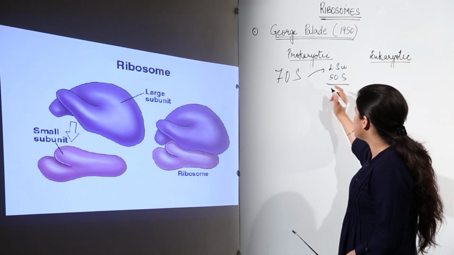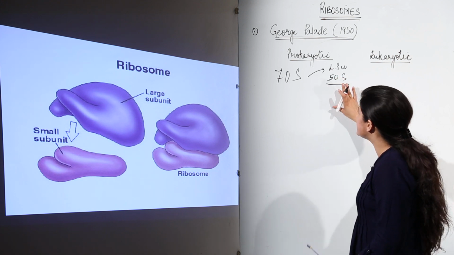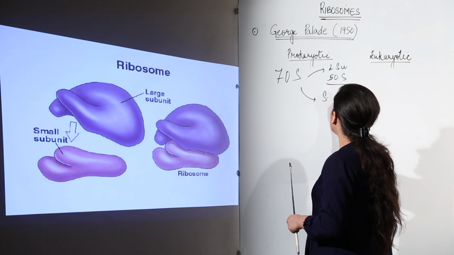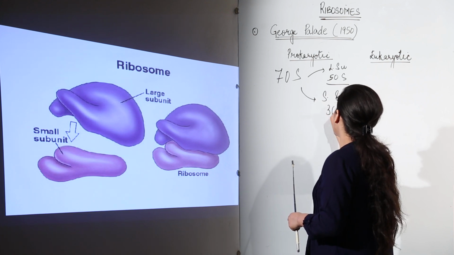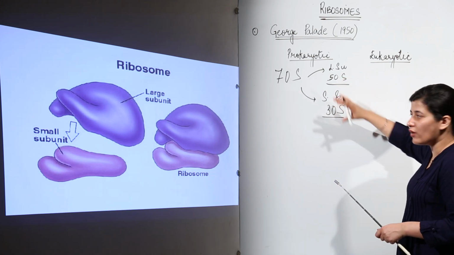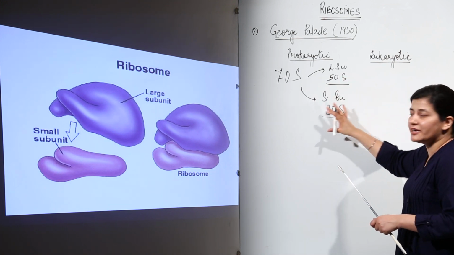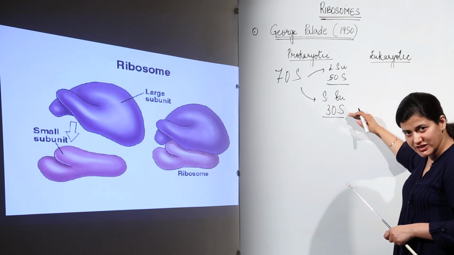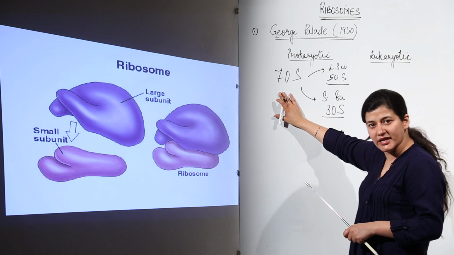That means if we see the sedimentation coefficient of this large subunit, it would be 50S, and the smaller subunit would be 30S. Don't get confused that 50 and 30 add to 80, how come this is 70? Individually the sedimentation of each subunit is taken into consideration, and that happens to be 50 and 30, and it has nothing to do with 70.